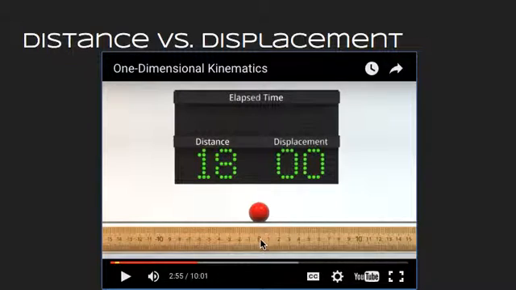Now, as it went this direction, it goes all the way up to 6. So our displacement and distance were the same until the object started turning around. Then the distance continued to increase, but the displacement was decreasing. And it finally got back to the same position, and then as it went past that position, it actually started becoming negative.